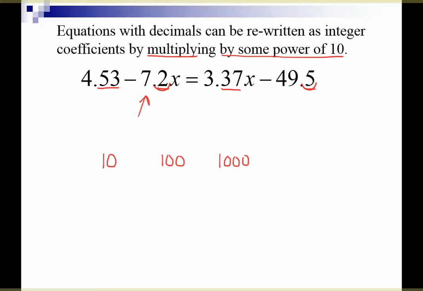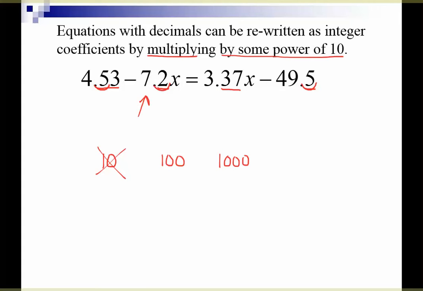That's good. But if we multiply the 4.53 by 10, it's not enough, because we only move that decimal one place, and then you end up with 45.3. You're still going to have a decimal, so 10 is out. What about 100? 100 is going to work.